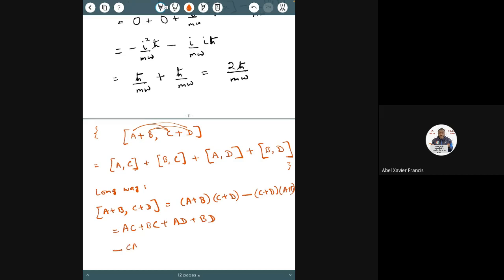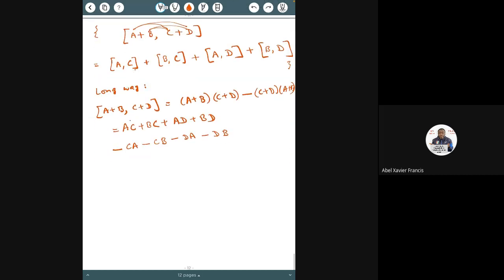then CA minus CB minus DA minus DB, and then every pair will give you a commutator.